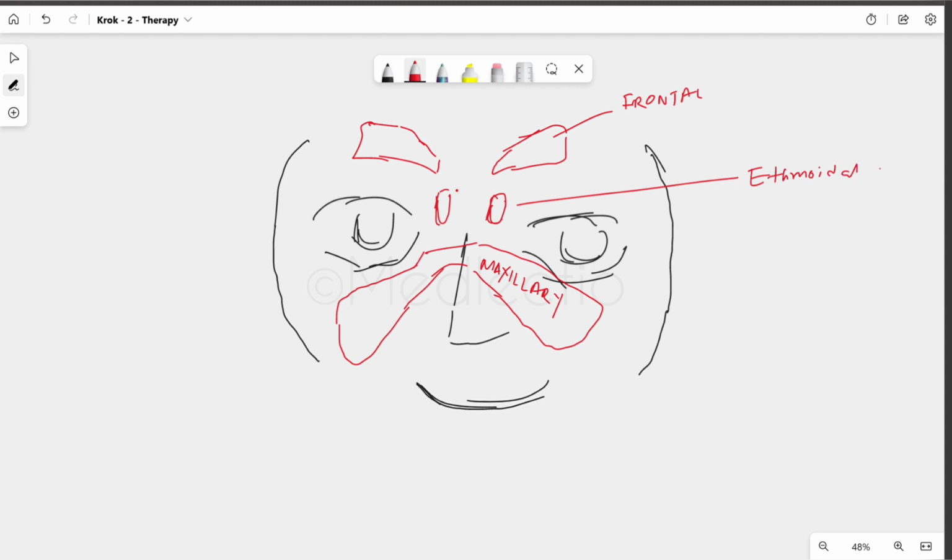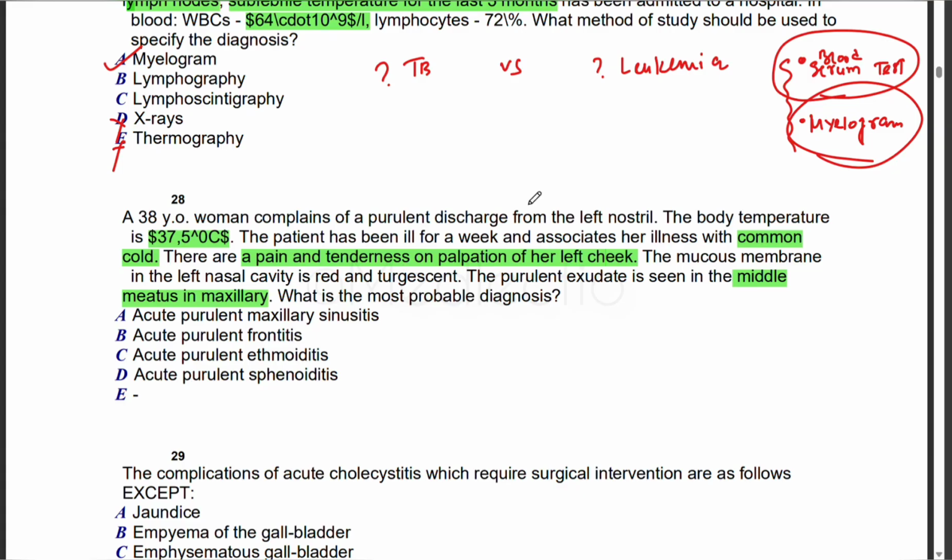We also have sphenoidal, but it is underlying in this area, so you cannot see it. You can see the sinus which is underlying the cheeks; it is our maxillary sinus. So palpation of the left cheek.